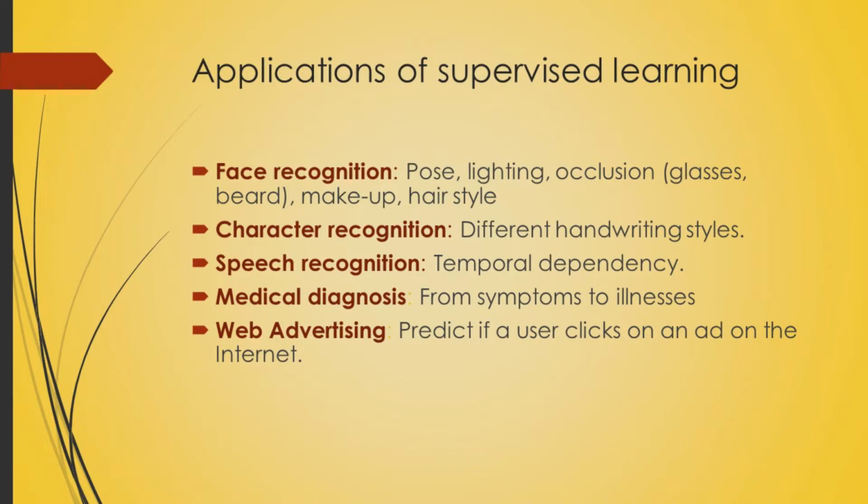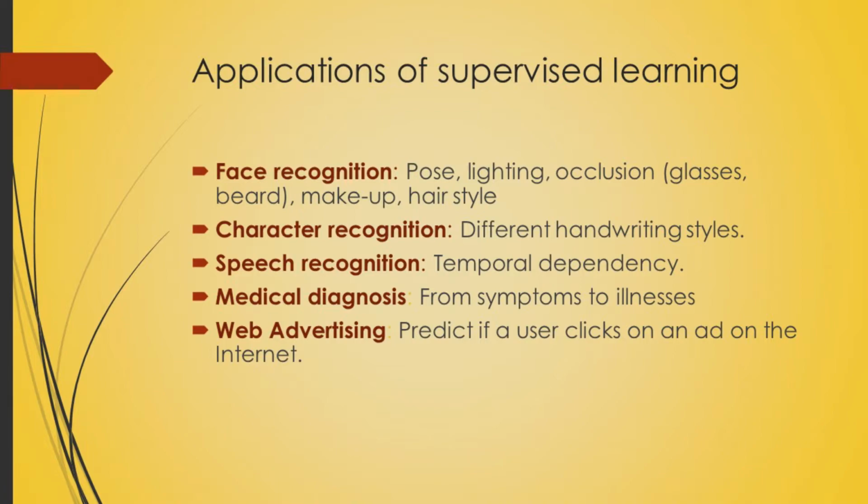Character recognition is very commonly used, I assume, with the banks as well, where they want to see whether the check is fraudulent or not, whether it is forged. So instead of sitting and comparing the whole day, you give it to the machine, it will figure out, obviously, because it has learned from past samples of your handwriting, whether it is you or not you.